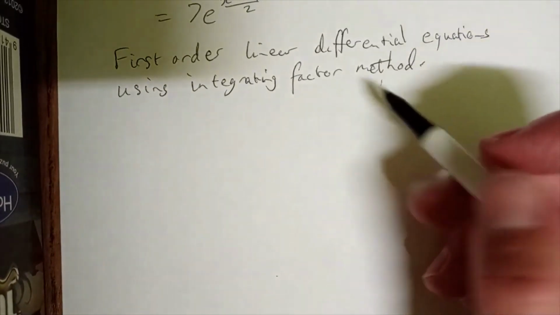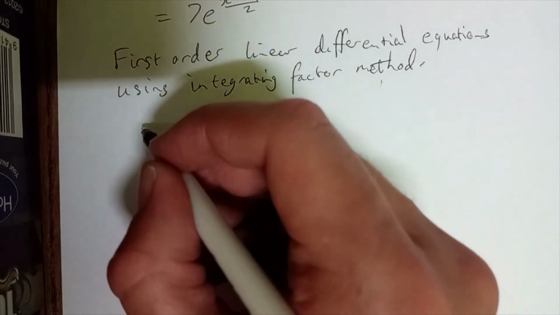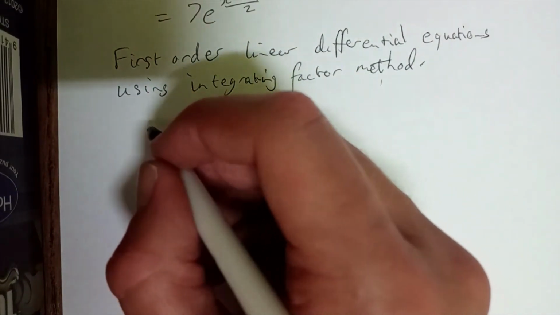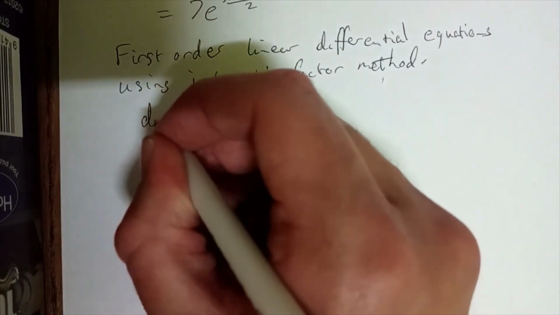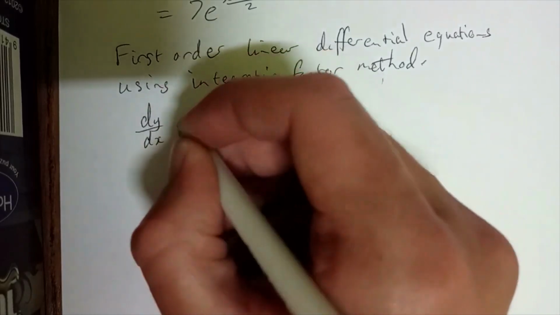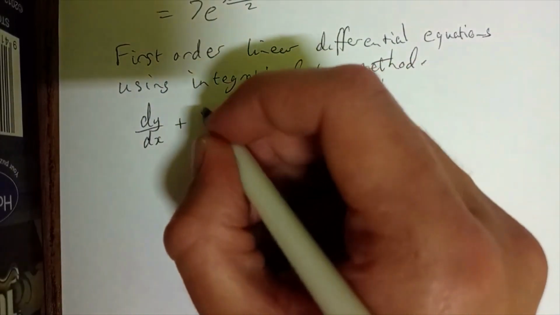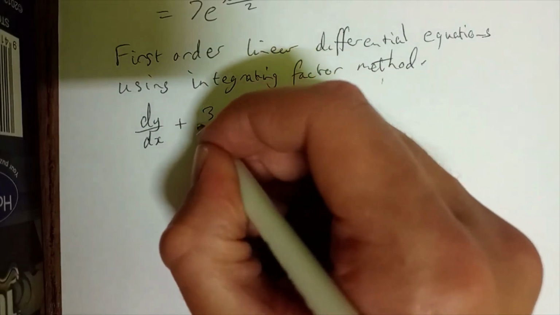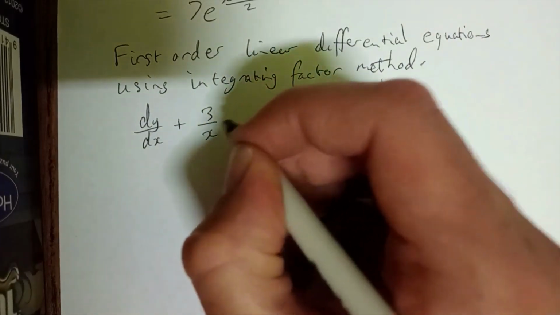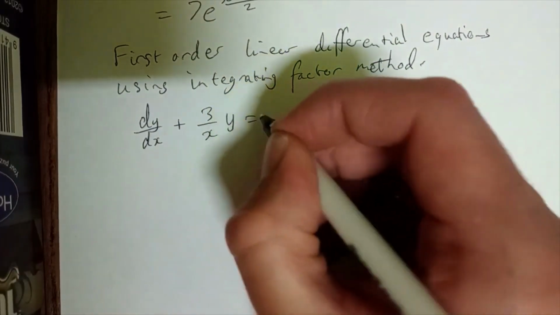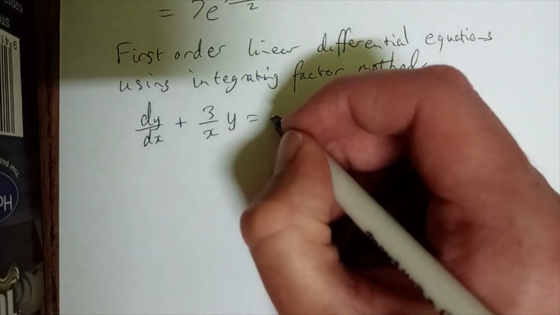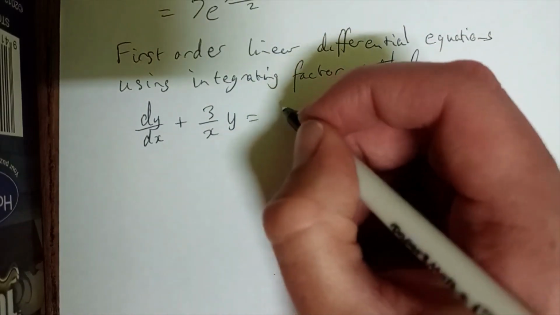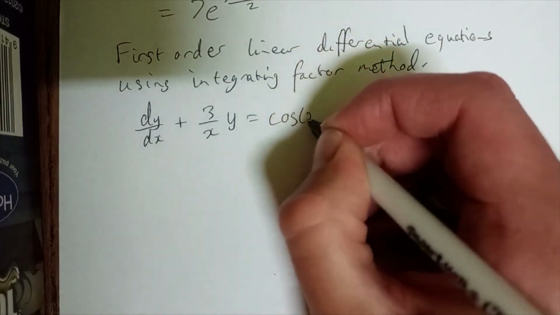Okay, so a first order linear differential equation might be, say, dy dx plus 3 over x y equals, say, cos of x.